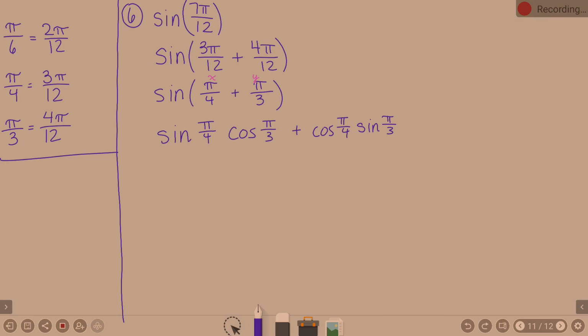What is the sine of pi over 4? Square root of 2 over 2, according to my chart. What is the cosine of pi over 3? Square root of 3 over 2. Plus, what's the cosine of pi over 4? Square root of 2 over 2.